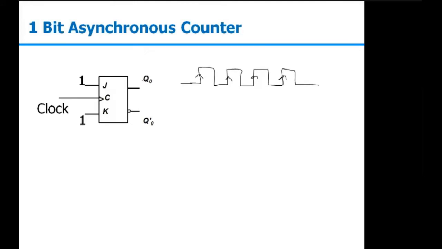Let initially my Q0 be in the reset condition. Whenever the clock pulse comes, it will toggle, and so on. So what we get is 0, 1, 0, 1 and 0. So for a 1-bit counter, I can have 2 states, as you can see from Q0. It is always going 0 to 1, then 0 to 1, and then 0 to 1.